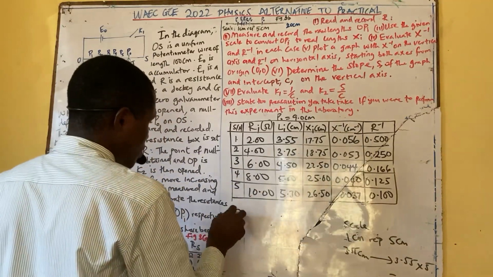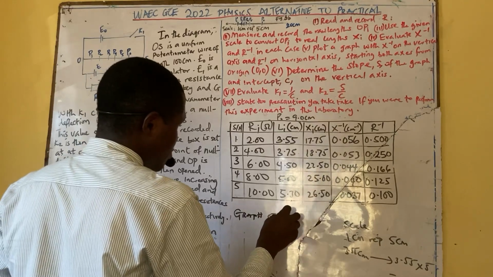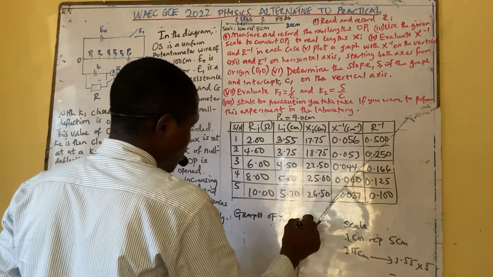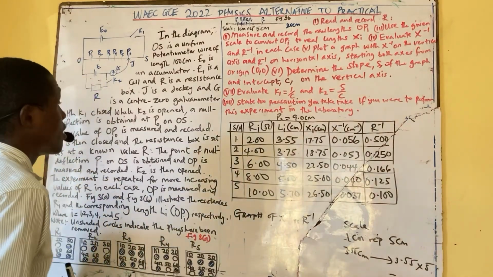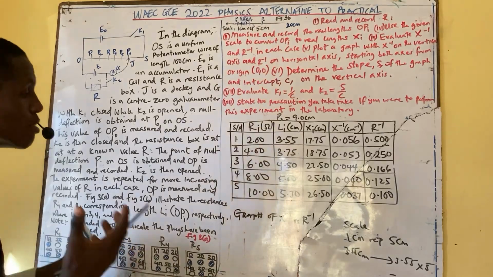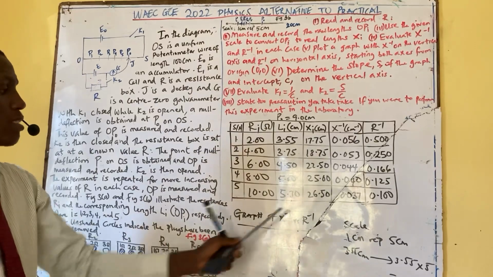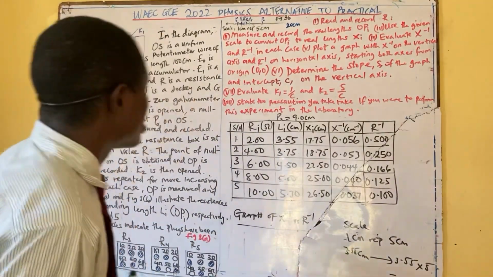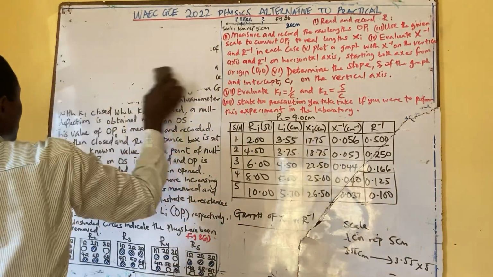The next thing is to write out the values we have to plot on the graph of S inverse versus R inverse. Now I will quickly clean this side to write out the values we are going to plot.